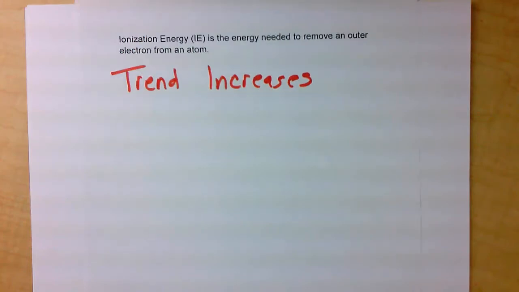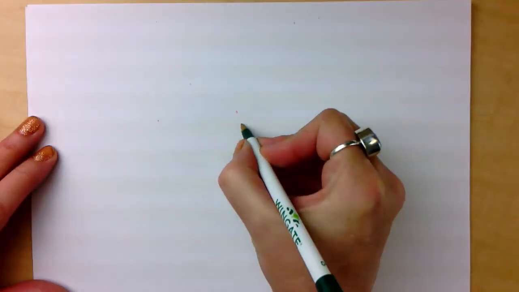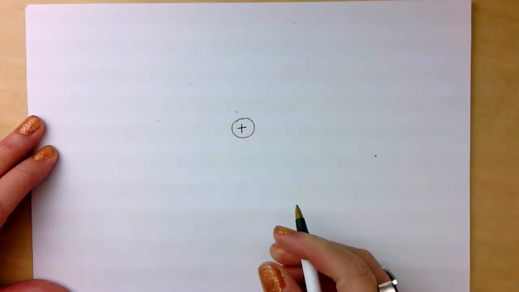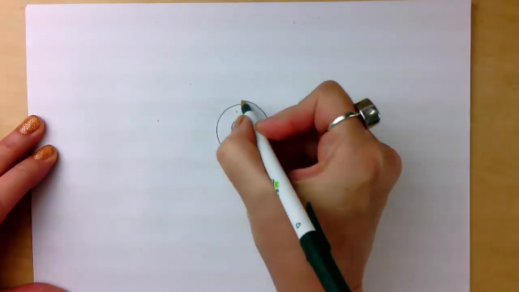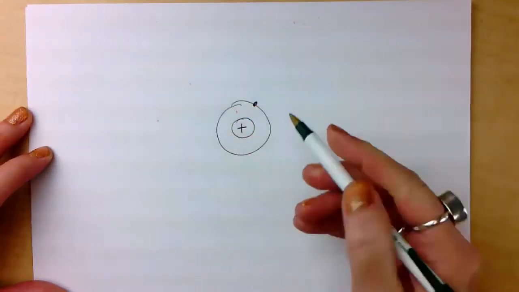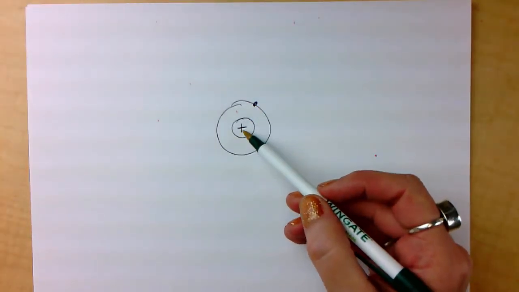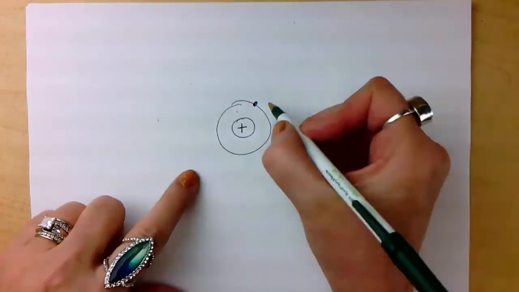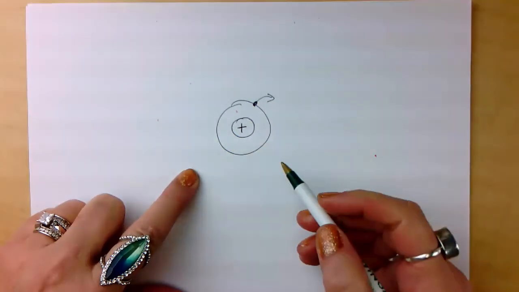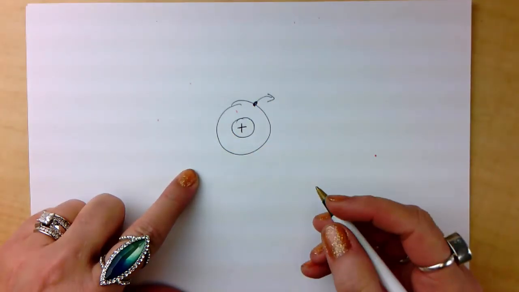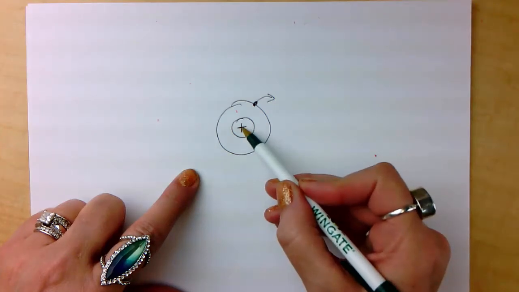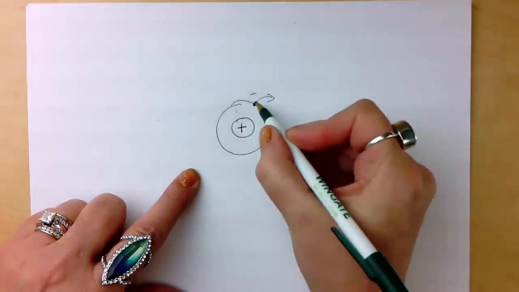If we have an atom, and we have our protons in the middle, and here's our first level. And if that's the outer electron, goodness, it's awfully close to the positive protons. In order to pull that away, I think that's going to be pretty hard because it's so close to the protons and the negative charge of the electrons.